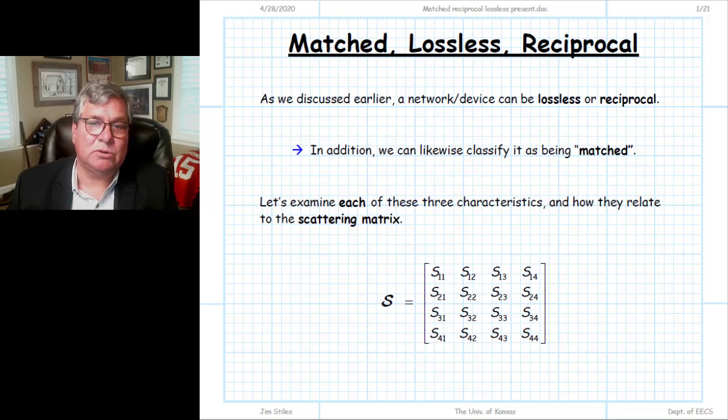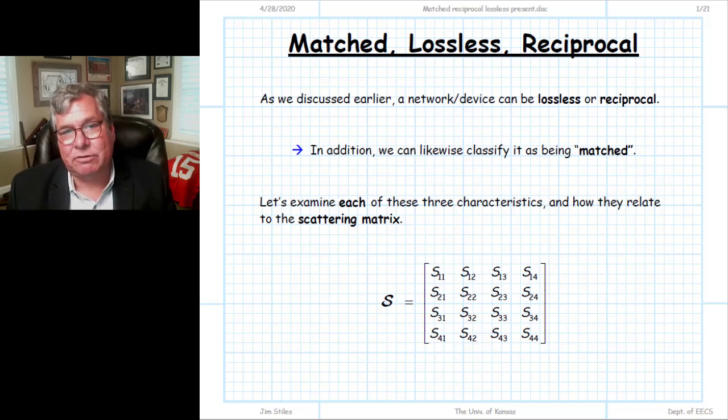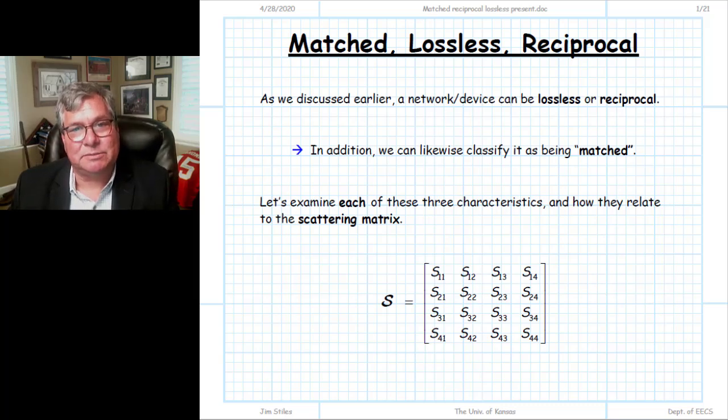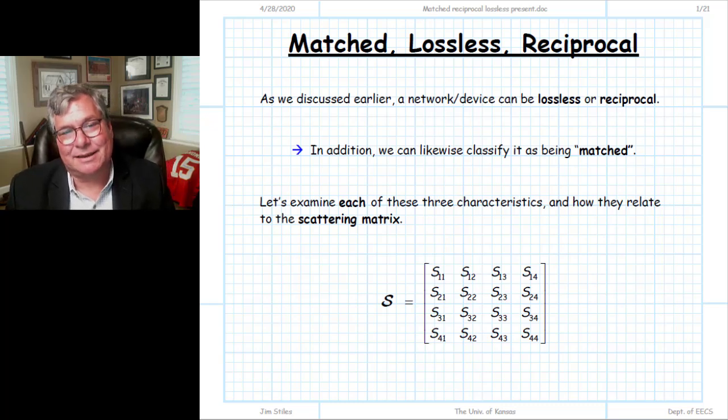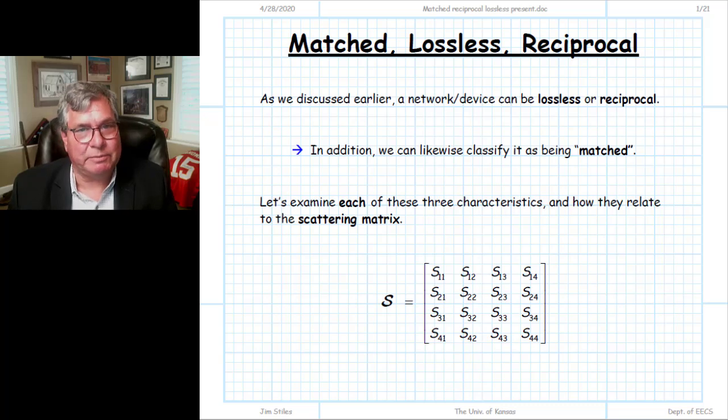So the question is, how do those physical attributes manifest themselves with respect to the scattering matrix? In one case, the result is precisely the same as with the impedance or admittance matrix. In the other case, it's a very different kind of result that we shall see. Moreover, there's another characteristic that we care about with respect to microwave components that we didn't discuss because we didn't care about it with respect to the impedance matrix or the admittance matrix, and that is the idea of a matched device.